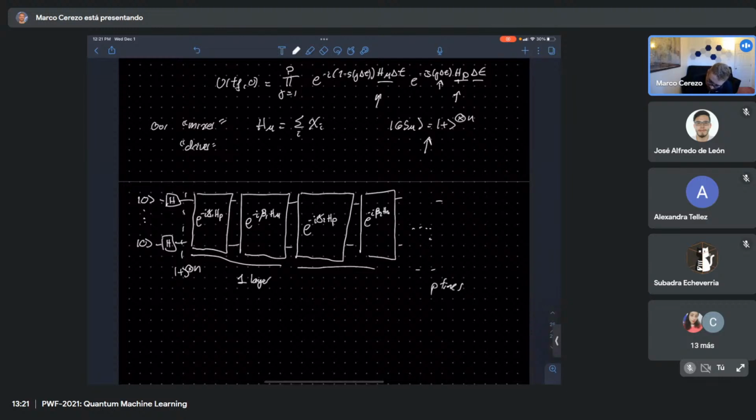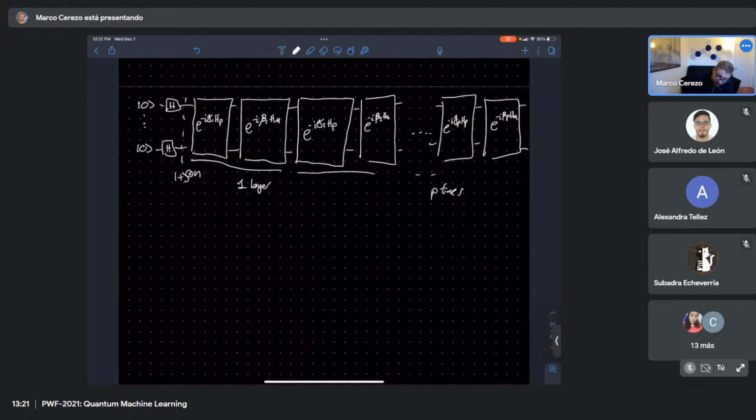So here I'm going to eventually get e^{-i gamma P H_problem}, e^{-i beta P H_mixer}. And I'm going to get some parametrized state at the end. So this is usually what the QAOA ansatz looks like. It has this periodic structure of me implementing the exponentiation of two Hamiltonians of interest.